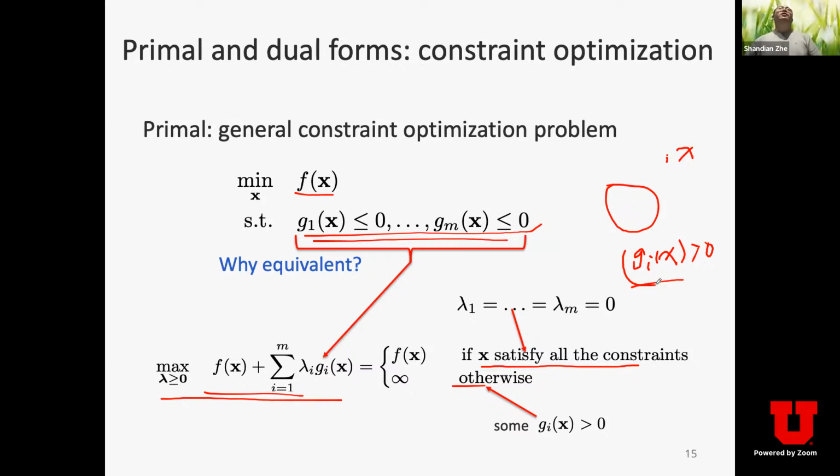Yeah, I can choose it as large as possible, because this guy is bigger than 0 and I multiply it with lambda i. If I want my function to be as large as possible, I can pick lambda i to be as large as possible, say infinity. Then the maximum of the whole Lagrange function will be infinity. Does it make sense?